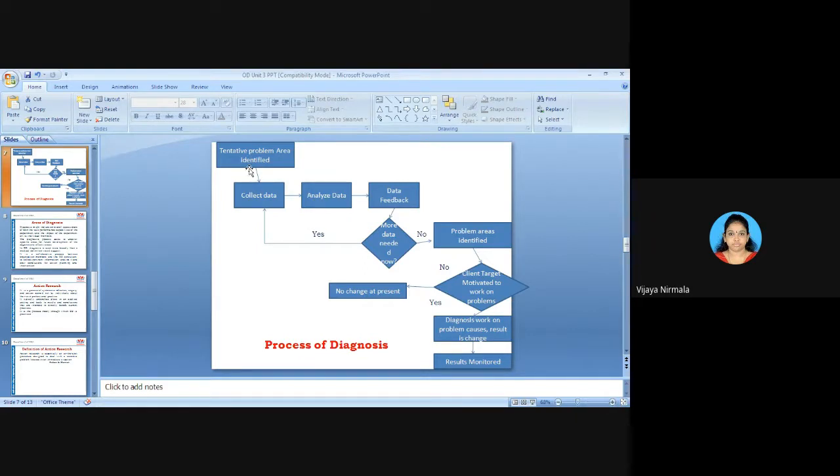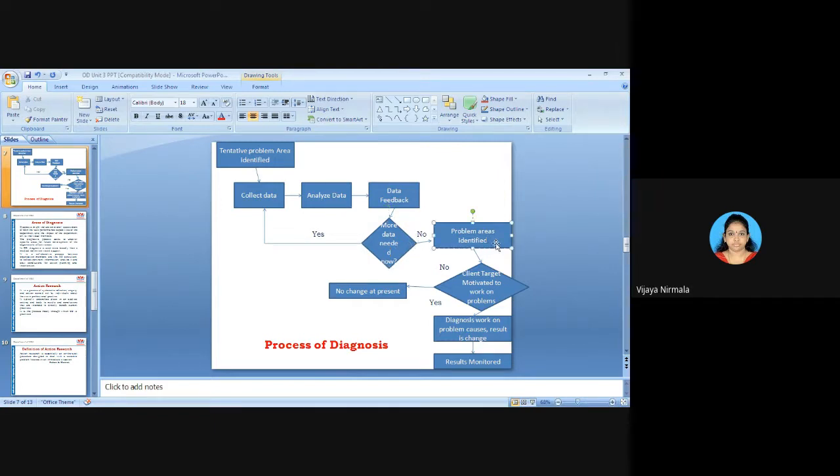You have 9 steps. One is tentative problem areas to be identified. The second one is collect the data, analyze the data, feedback, more data needed now.